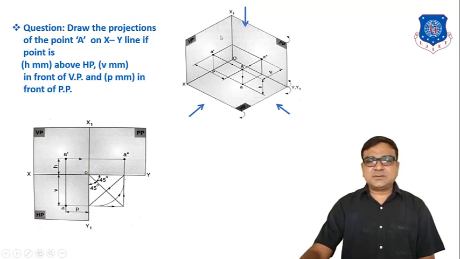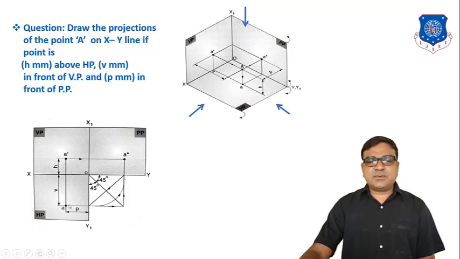X1Y1 is the intersection of the vertical plane and the profile plane. So A dash is on the vertical plane, small a on the horizontal plane, and A double dash on the profile plane. A dash is h mm above HP, means above XY. A is v mm from the vertical plane, and A double dash is the side view.